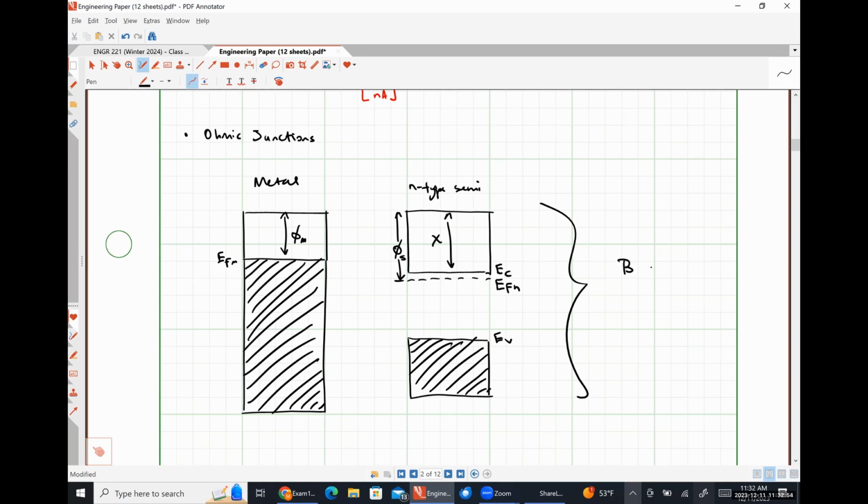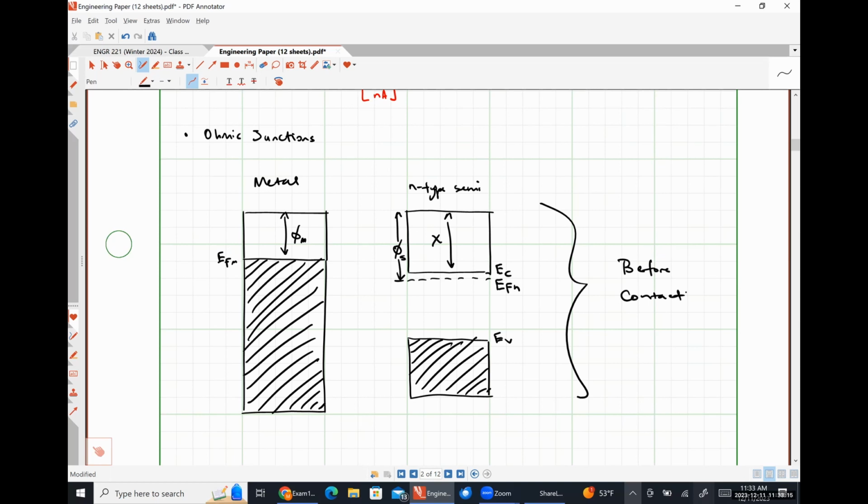And this is once again what things are going to look like before we deposit our metal onto our semiconductor. So when we bring these two materials into contact, we're going to find that our Fermi levels are going to line up again.